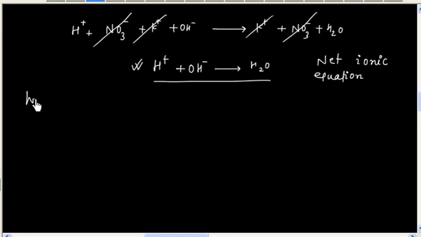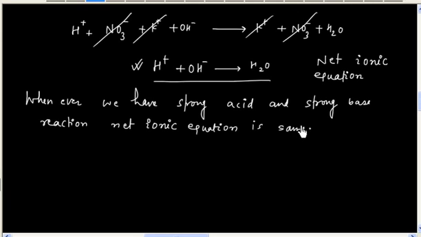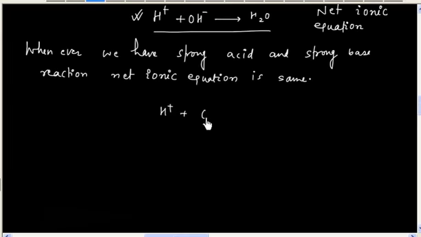So we can say whenever we have a strong acid and a strong base reaction, net ionic equation or overall ionic equation is same, that is H plus plus OH minus is H2O, or we can say formation of 1 mole of water.